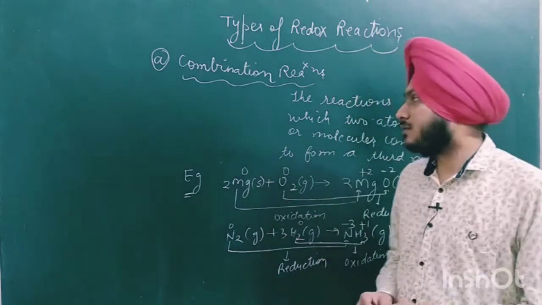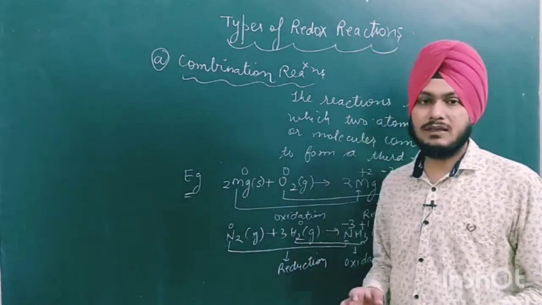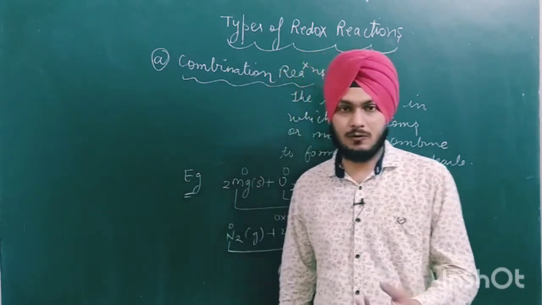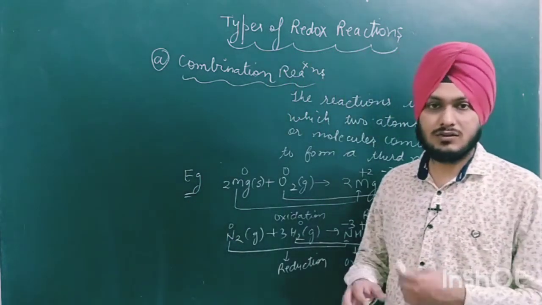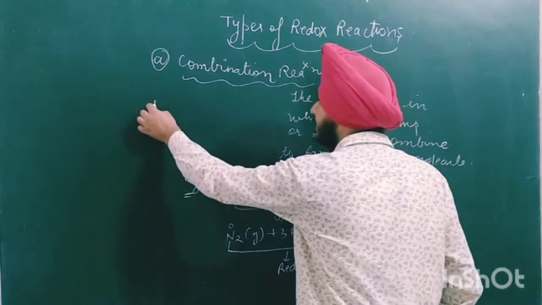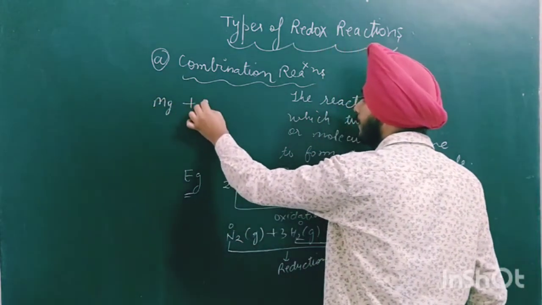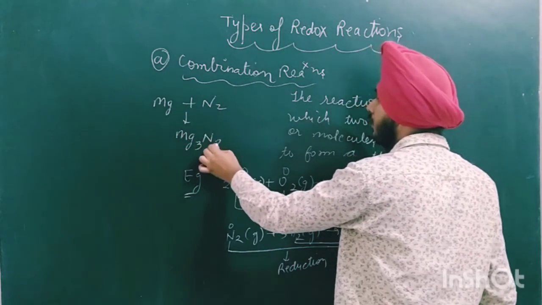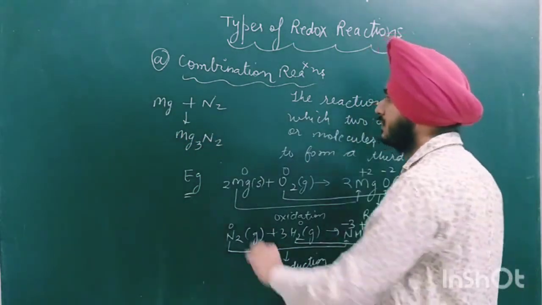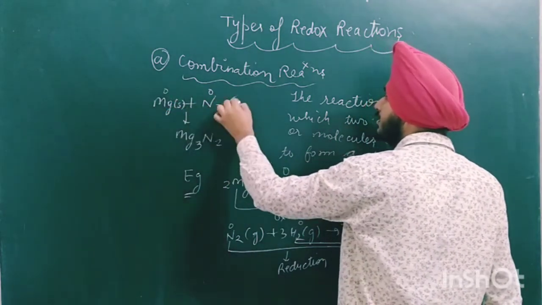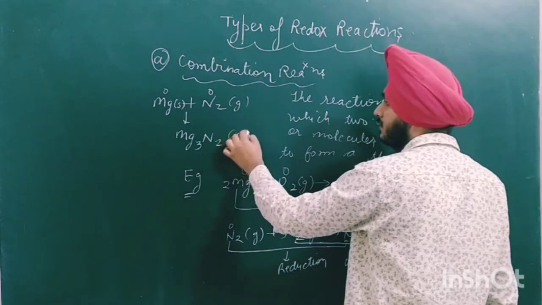There are a large number of examples of combination reaction. For example, burning of methane: CH4 plus O2 gives CO2 plus water is also an example of combination reaction. Similarly, we have magnesium plus nitrogen forming magnesium nitride, Mg3N2. Here the oxidation number of magnesium is 0, nitrogen is 0; this is solid, this is gas, and this is also solid.